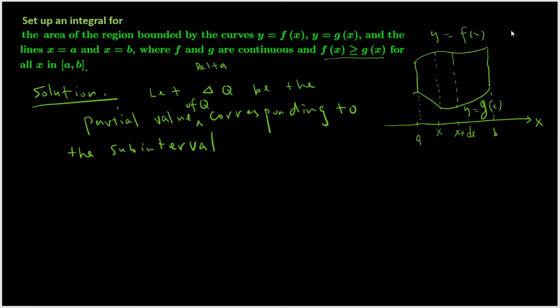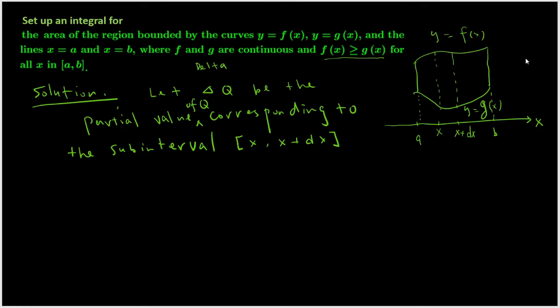The subinterval is a tiny subinterval from x to x plus dx. It's actually the area in between these two curves over the interval from x to x plus dx, the area of the indicated region.